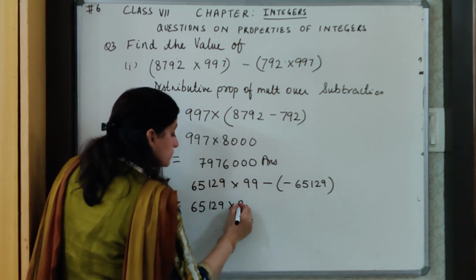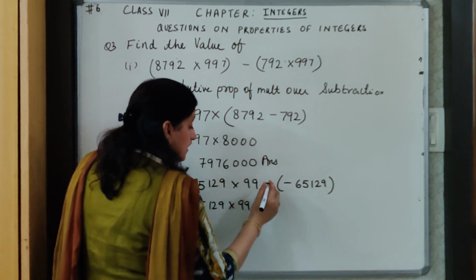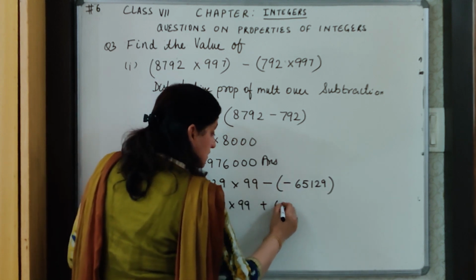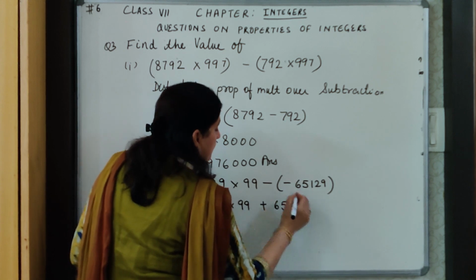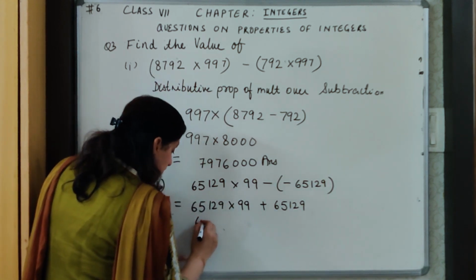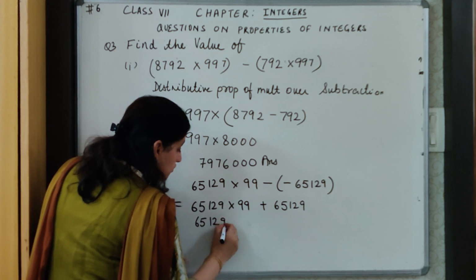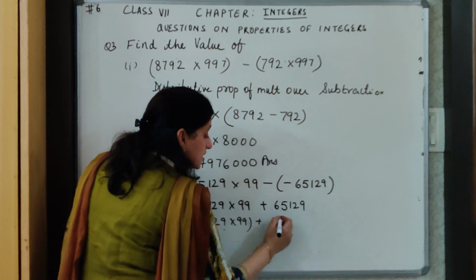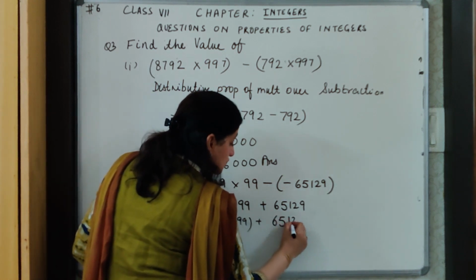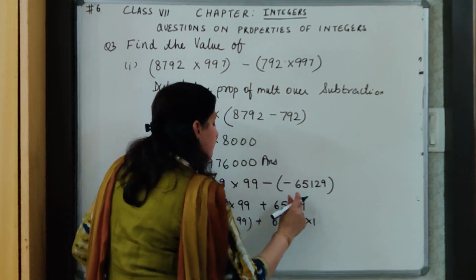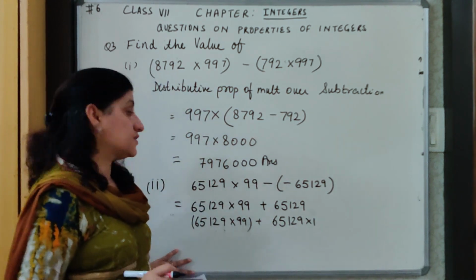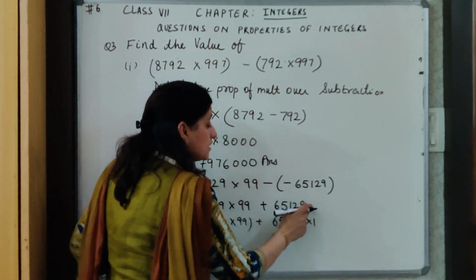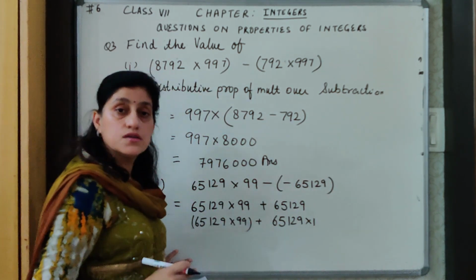So I will change my question to 65129 into 99. Then I have minus into minus. I can take it as plus 65129. In the next step, I will do 65129 into 99 plus, and this I can also write as 65129 into 1 because this will not make a difference. I cannot take it as 0, 99 plus 0, because if I multiply with 0, this number will become 0.